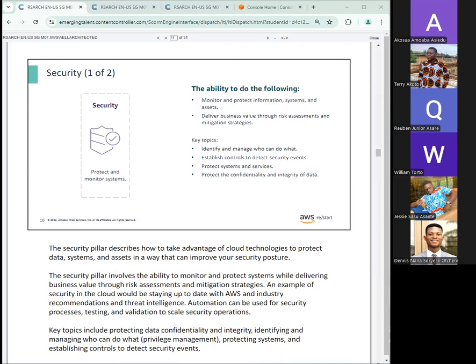Another design principle under that is making small, frequent, reversible changes. I think yesterday that question came about twice. Making small reversible changes means that ideally you should test out whatever change you want to make to your operations.